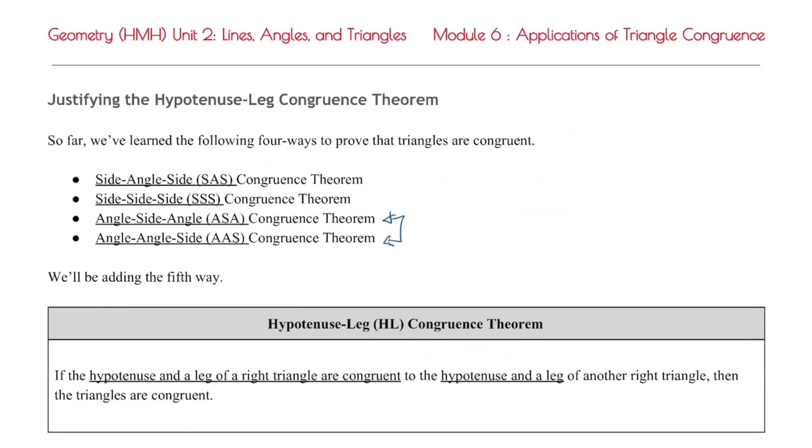So, we've learned in the past the different ways to show that triangles are congruent. The first thing that we learned was side angle side, right? And then angle side angle and angle angle side. And this angle angle side was essentially a consequence of angle side angle, because if we know two of the angles, we could figure out the third angle, right?